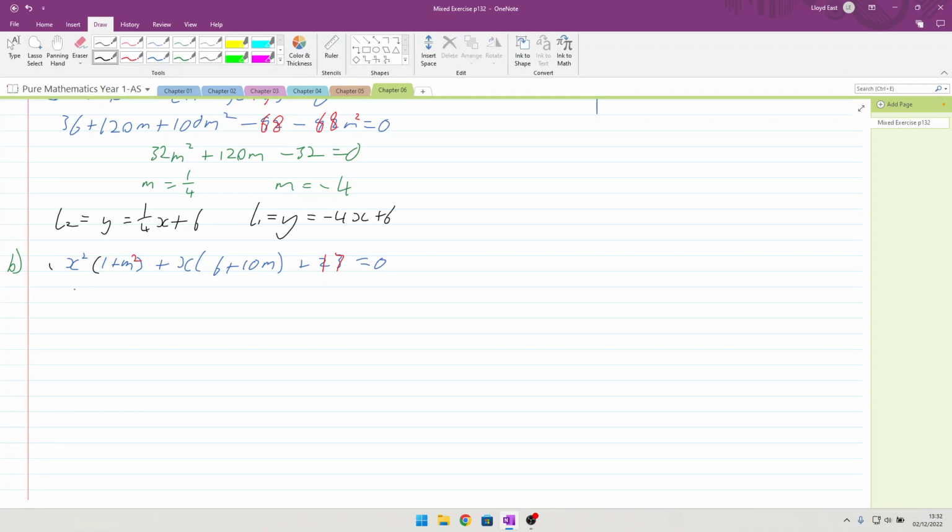Okay, so x squared, 1 plus a quarter squared, plus x, 6 plus 10 quarters, plus 17, equals 0.